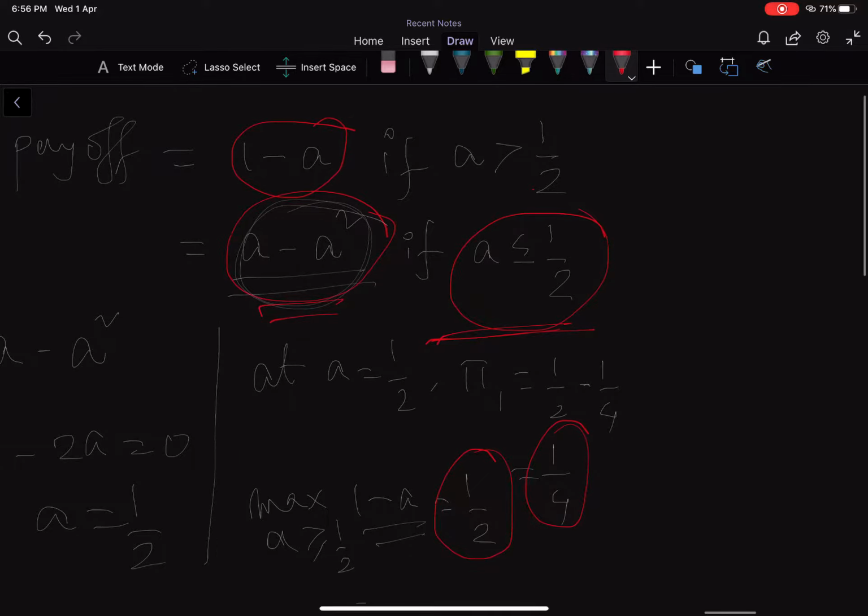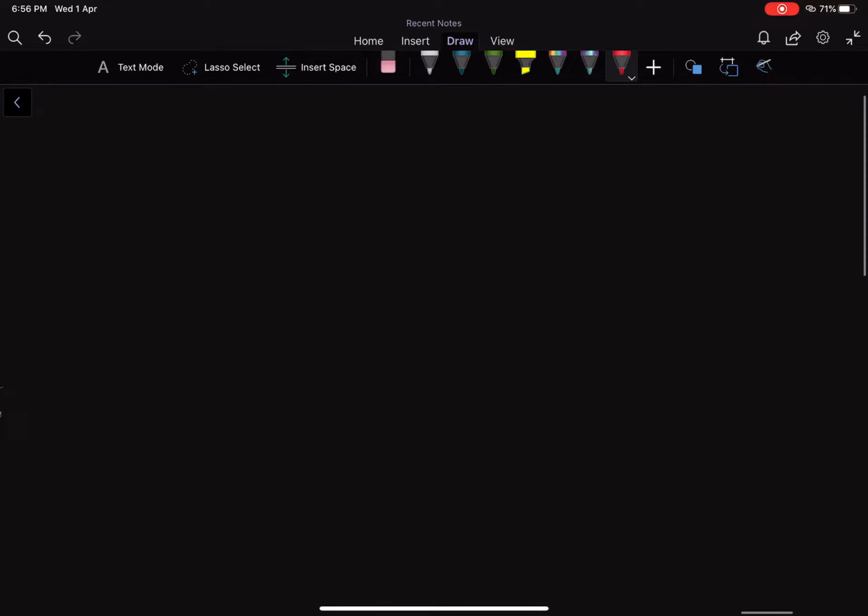So this gives us a subgame perfect Nash equilibrium of the game. It is given by player 1 choosing strategy A equals half. That's the strategy of player 1. What is the strategy of player 2? Remember, a strategy specifies an action for all possible nodes in which the player can move.